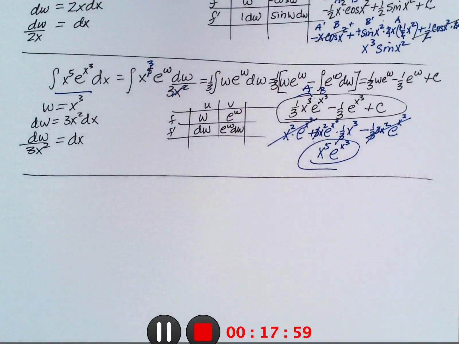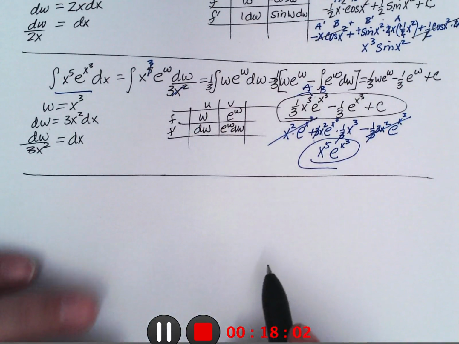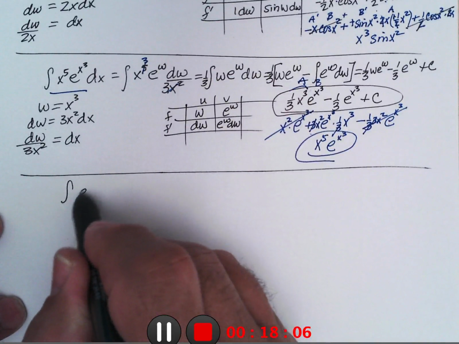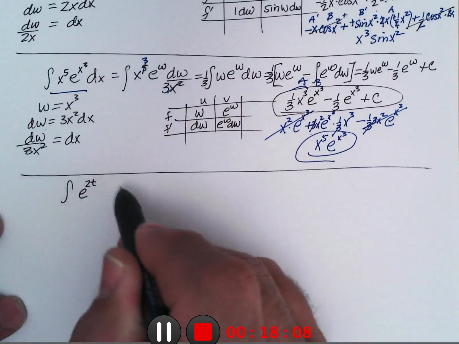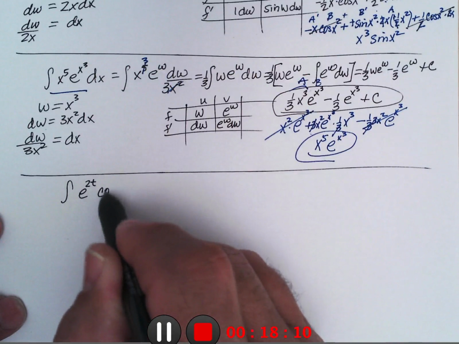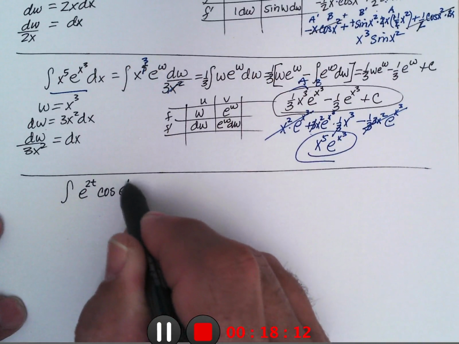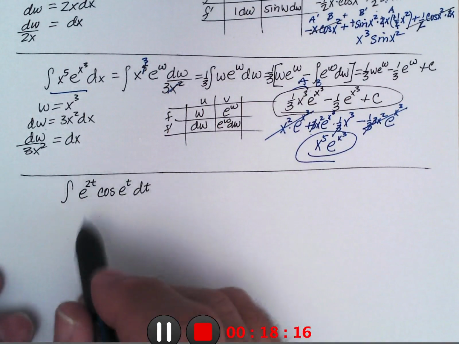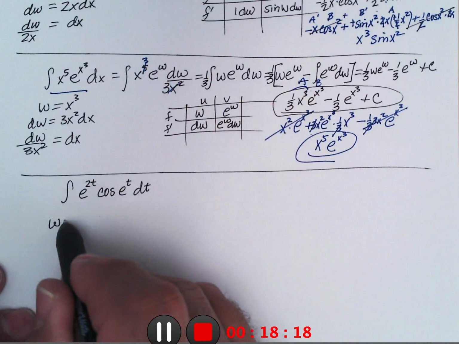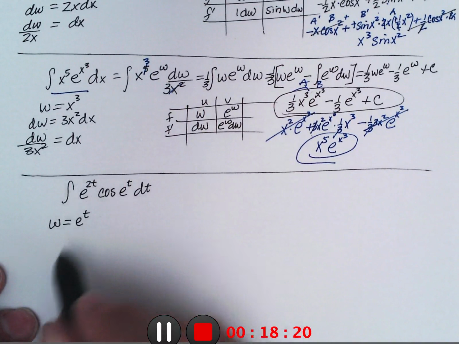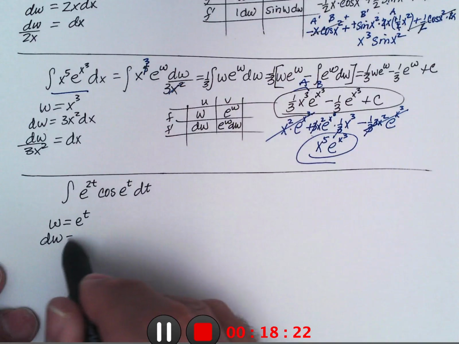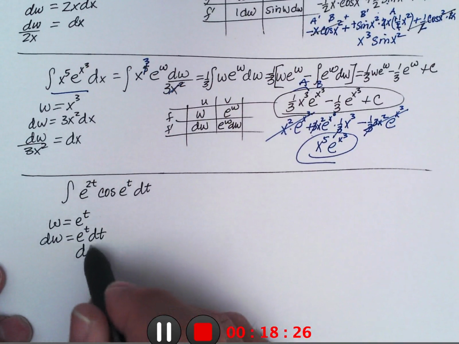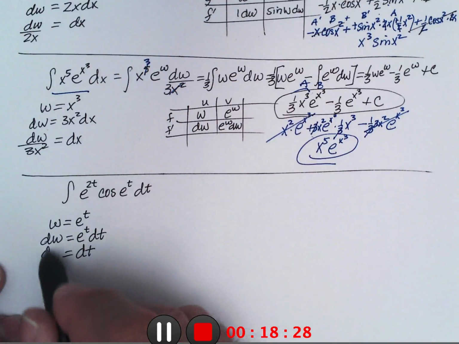Okay, this time we're going to do the antiderivative of e to the 2t cosine e to the t dt. So I'm going to let w be e to the t, dw would be e to the t dt. So dt would equal dw over e to the t.